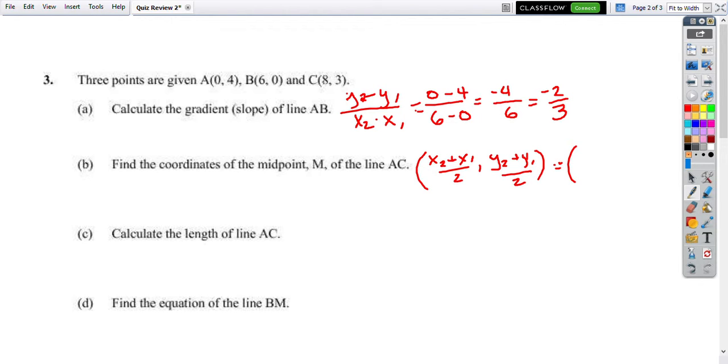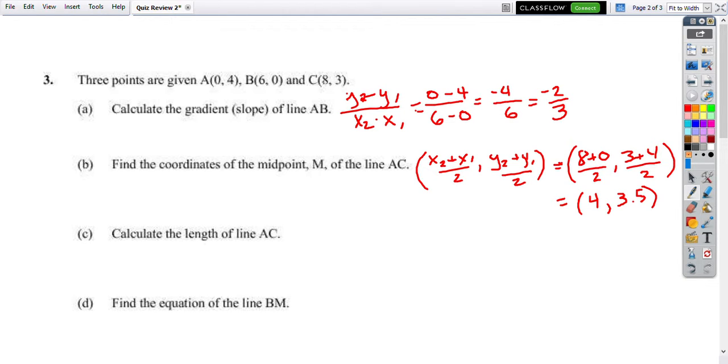So x2, so we're going to go C, x is 8 plus x1 for A is 0 over 2. And then we're going to go y2 is 3 plus 4 over 2. So this is equal to 8 divided by 2, which is 4, and then 7 divided by 2, which is 3.5, or 7 over 2. If you want to leave it, that's fine.